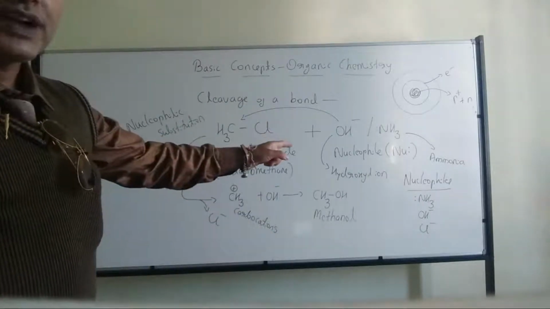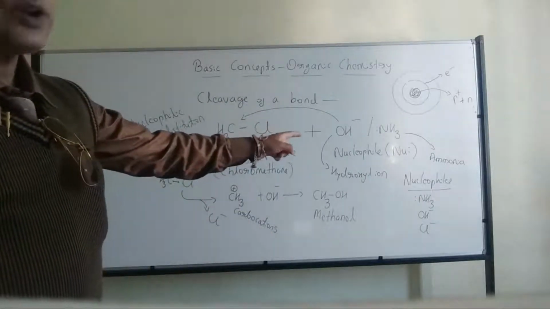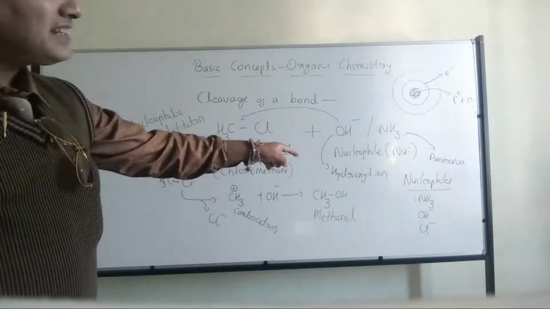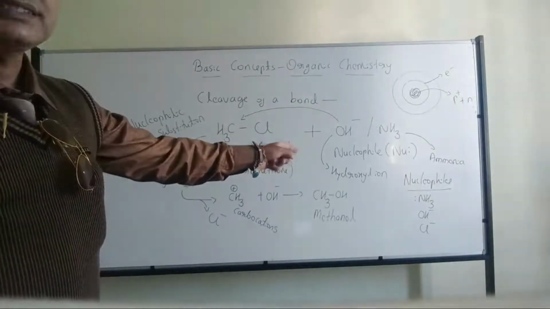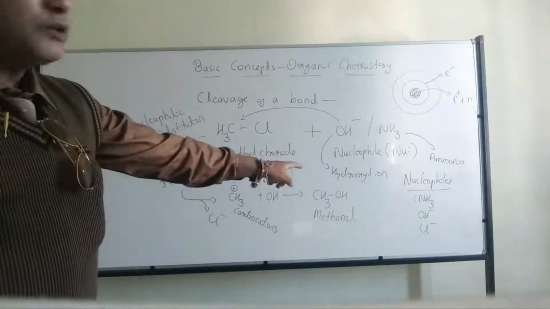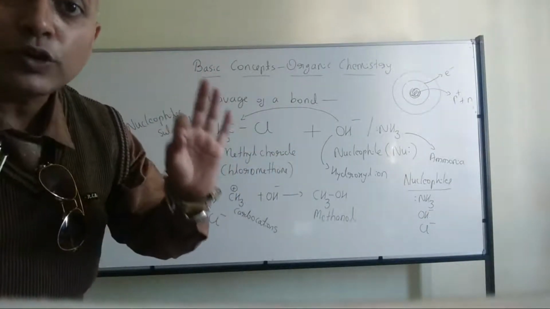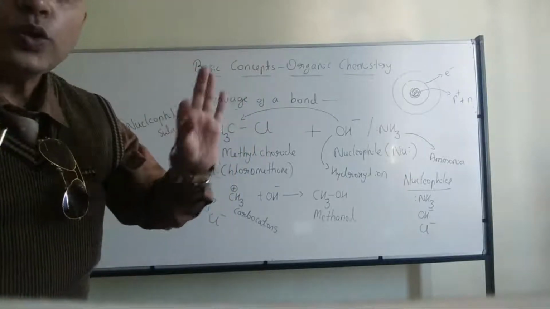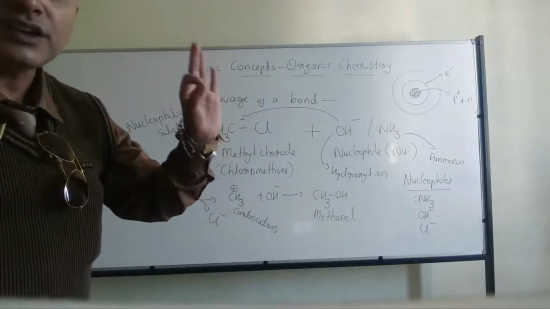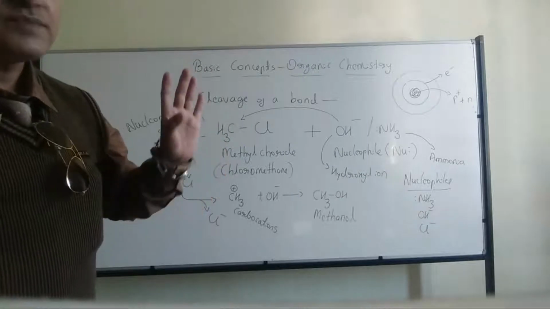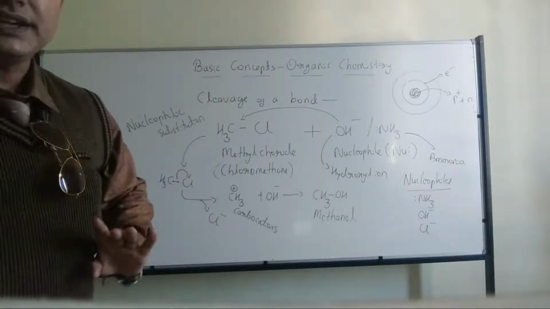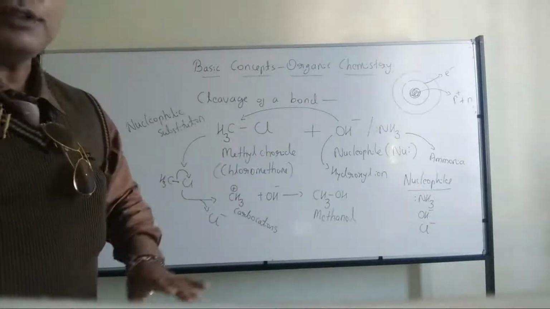Ammonia is a nucleophile because it has a lone pair of electrons. OH minus because it is an electron rich species, with a negative charge. Chloride because it is an electron rich species. Please listen to me. I am not telling chlorine, I am telling chloride. There is a difference between chlorine and chloride. So I am talking about chloride, which is an example for nucleophiles.